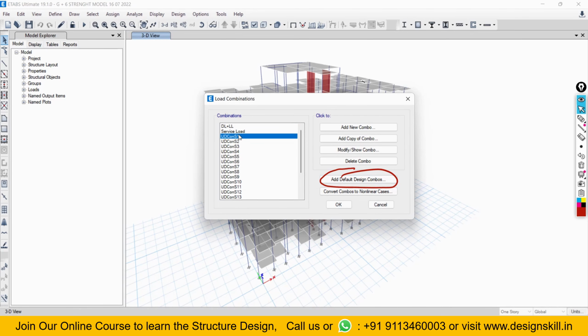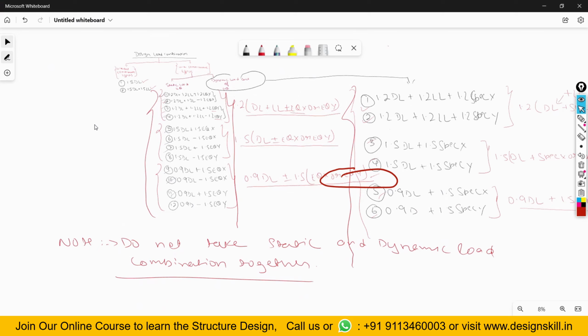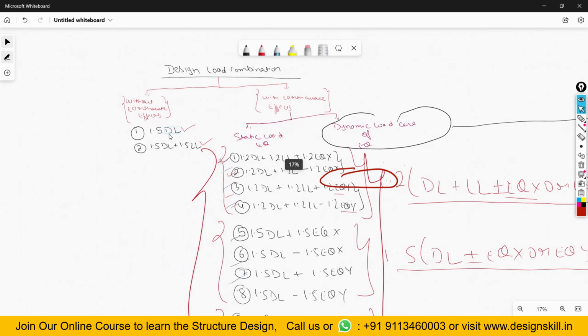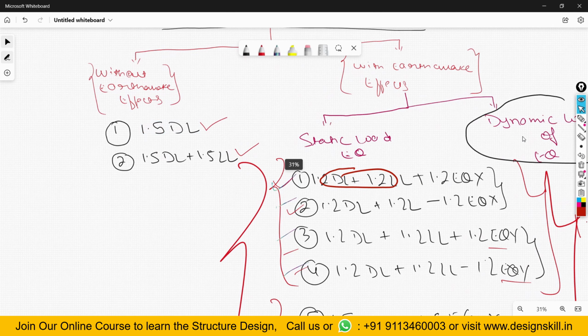Now you can see that the software has automatically generated the load combinations. The total load combinations generated by the software is 20. We have seen that when you're considering dynamic plus static, there were 18 load combinations. If you're considering without earthquake effect, then two more load combinations will be added. If you look at these two load combinations, 1.5 dead load plus live load also will be added.